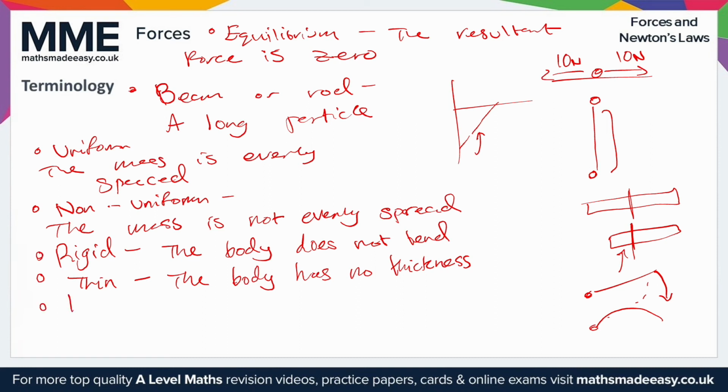And finally is inextensible. Okay, so again, quite commonly used when talking about a string or a rope or whatever connecting two particles. Let's say I have a particle here and a particle here, and I connect them with some sort of rope or string. If I apply a force on that particle going that way and a force on that particle going that way, well, if this was, say, a rubber band, it would stretch before the particles move, wouldn't it?